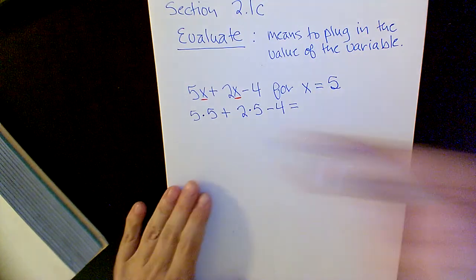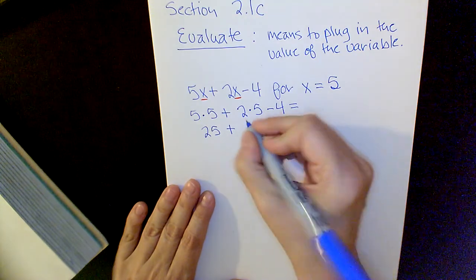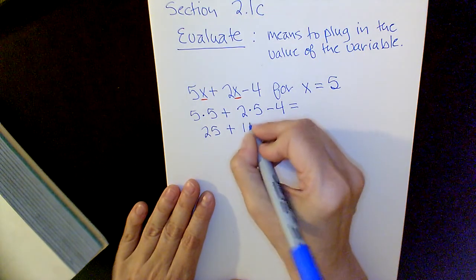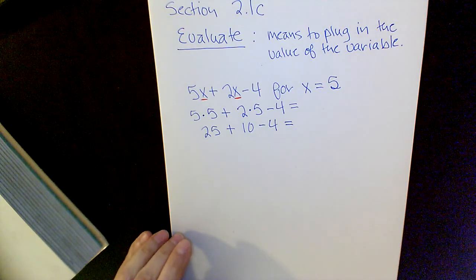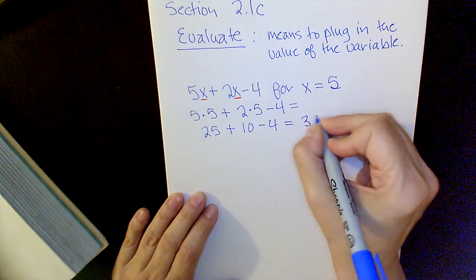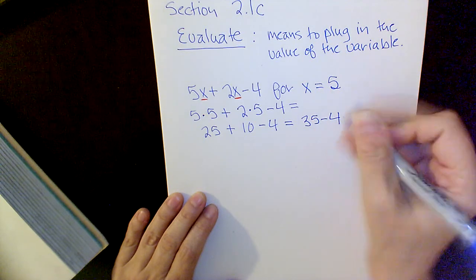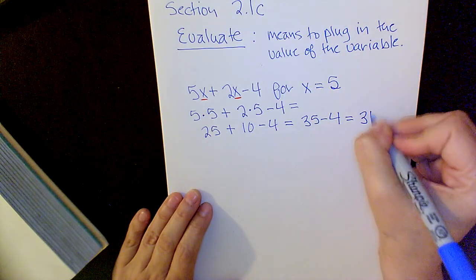So 5 times 5 is 25, plus 2 times 5 is 10, minus 4. 25 and 10 is 35, minus 4 is 31.